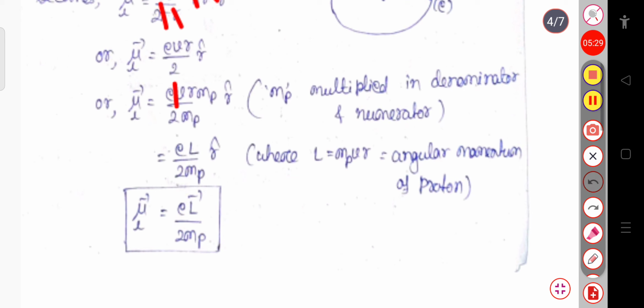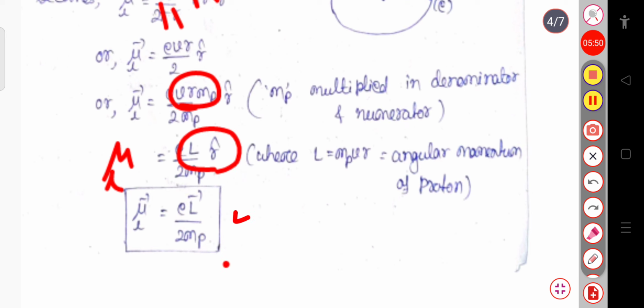So mu L will be equal to e L divided by 2 M_p into r cap. In place of M_p v r, simply we are substituting L, that is the angular momentum of the proton. So finally, mu L equals e L vector divided by 2 M_p. This L r cap will simply be written as L vector.